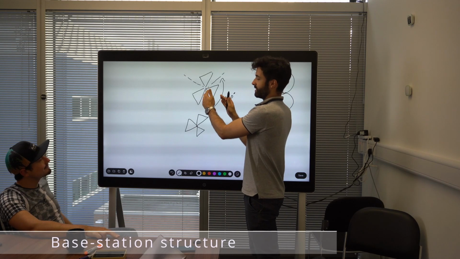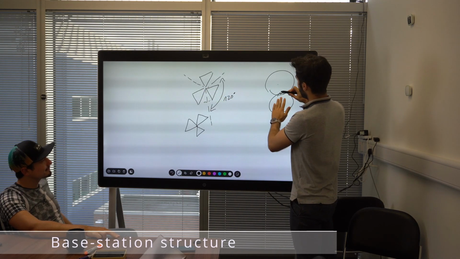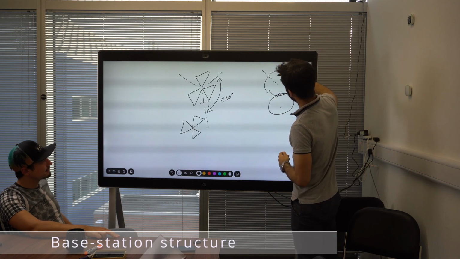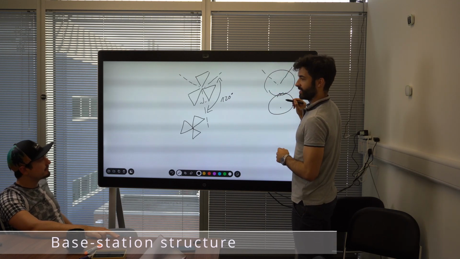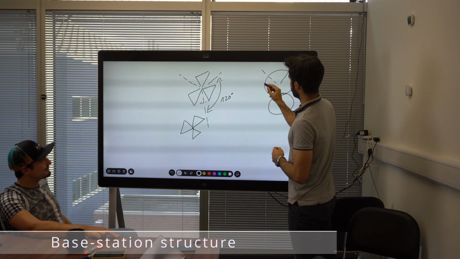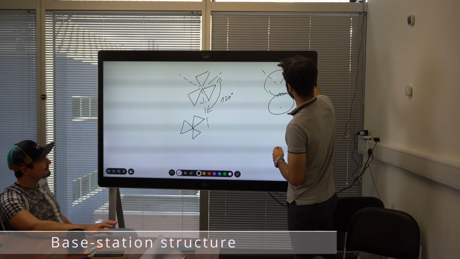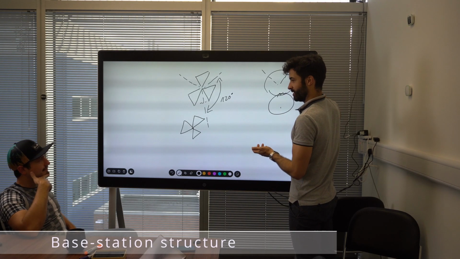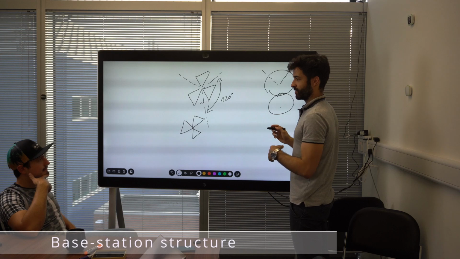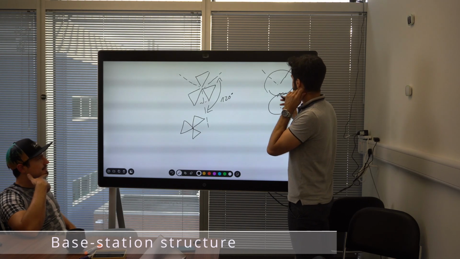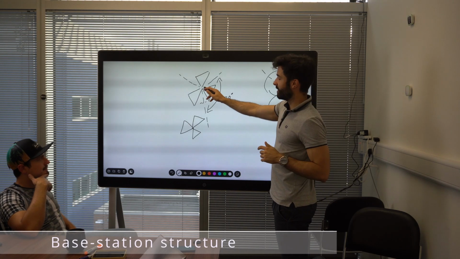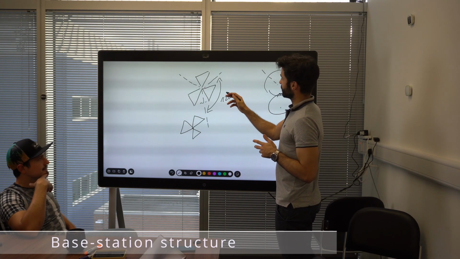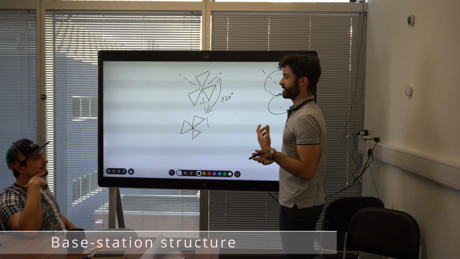Because we are doing this in a sectorized manner, we can concentrate the energy towards one direction, which means the signal can go farther from the base station, so we improve coverage as well. In addition, having 3 sectors is very good in terms of capacity.